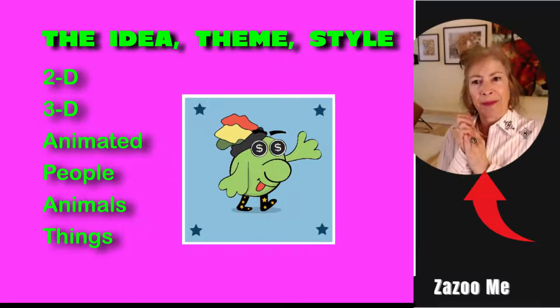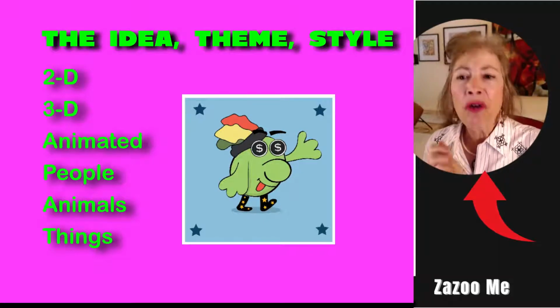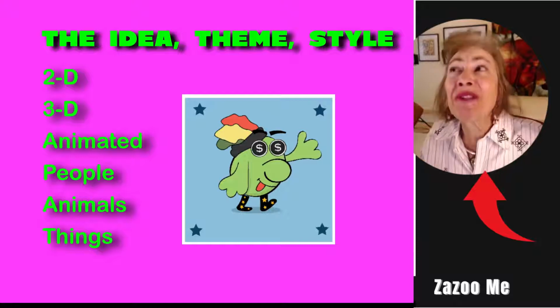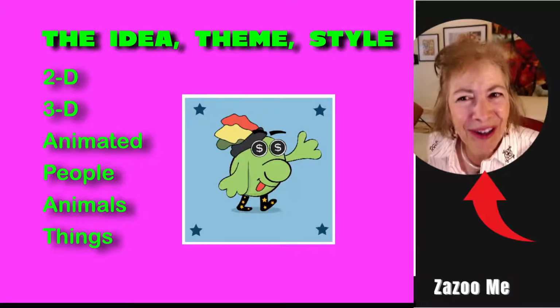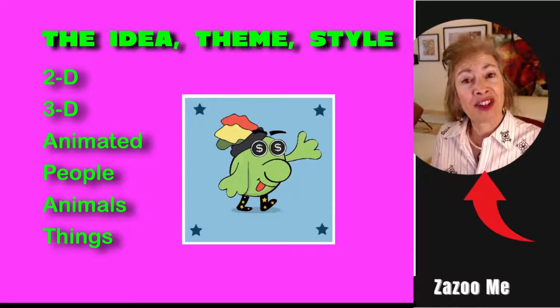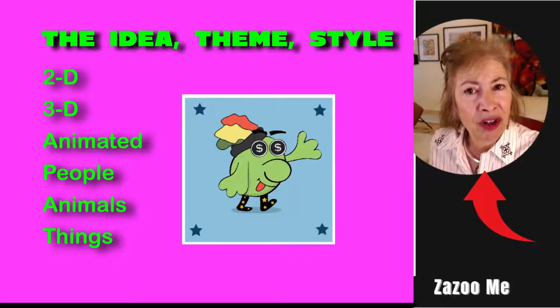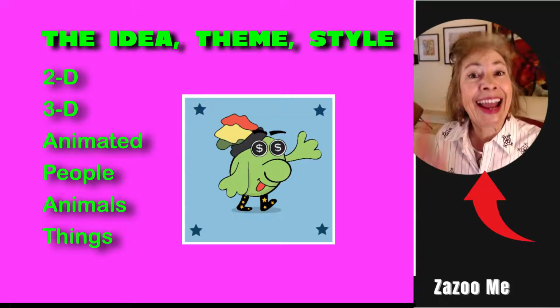So to break it down, what is the first thing that you need to do? You need to come up with an idea. What is your idea for your generative art collection? What is the theme of your generative art collection, and what style do you want to use? Do you want to use two-dimensional art, three-dimensional art, animated art?